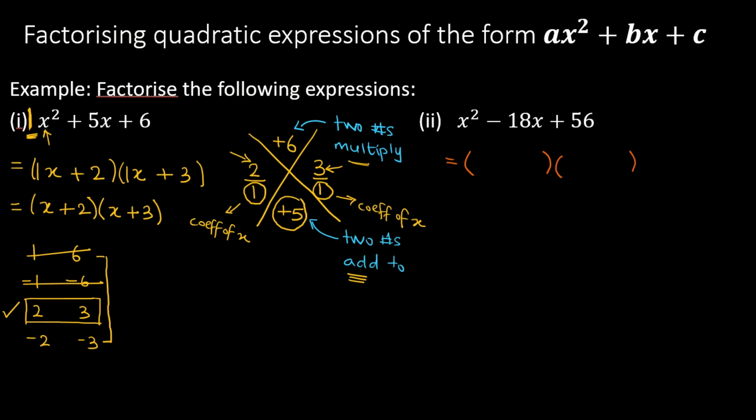Then we draw the X. We consider the leading term, which is x squared. The coefficient is 1. And we consider the last term, which is the constant, positive 56. We multiply these two. 1 times positive 56 is positive 56.